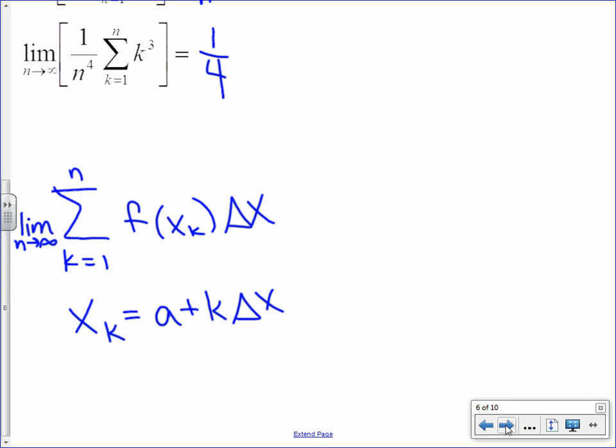When I add 2 of our thickness, that's our second rectangle. When I add 3 of our thickness, that's our third rectangle, and so on. Does that make sense? So we're going to have to figure out what x of k is so we can substitute it into our function to get an expression right here.